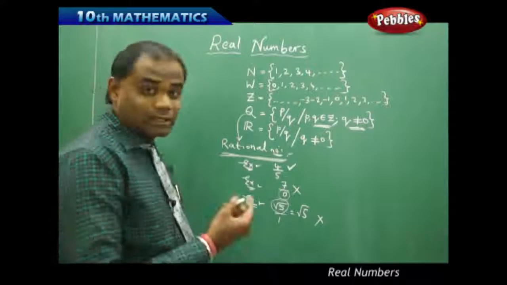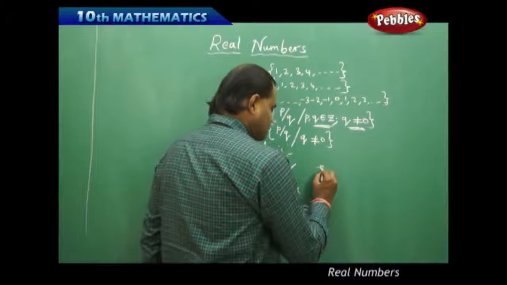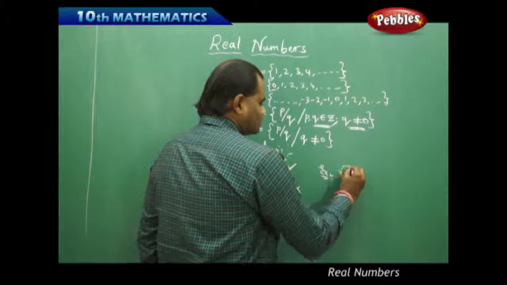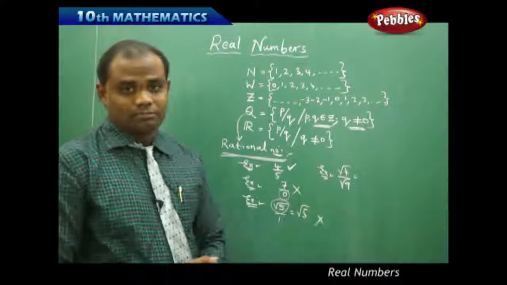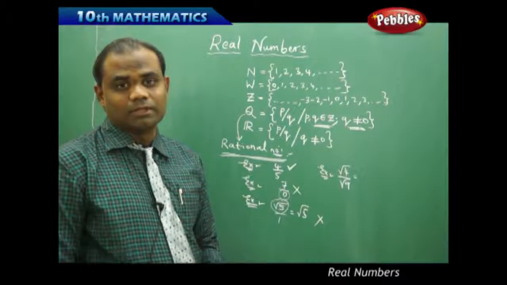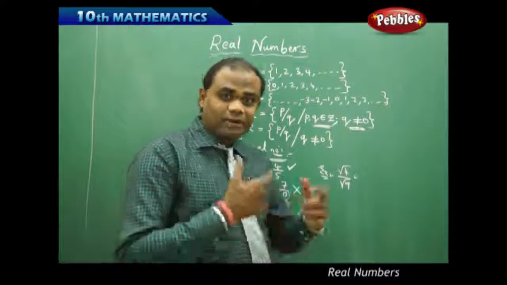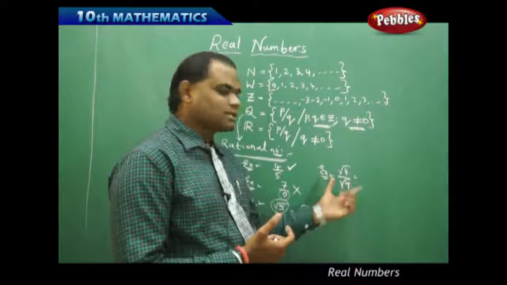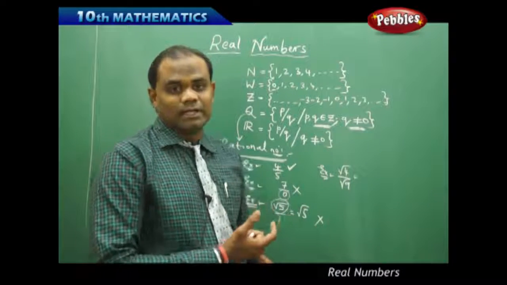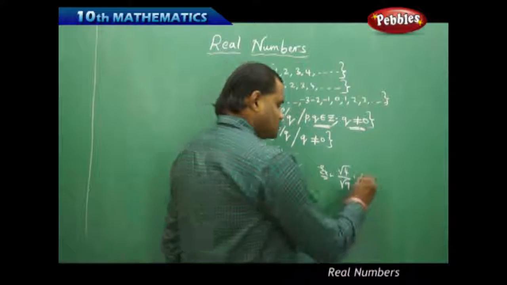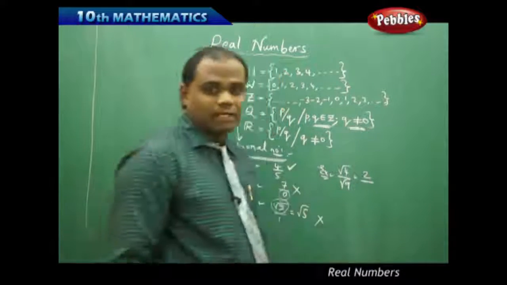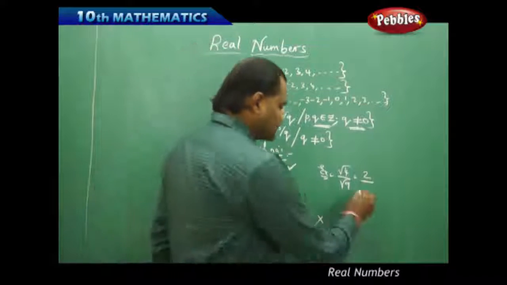Similarly, if I take further examples, say for example, root 4 by root 9. I want to test whether this is a rational or an irrational number. So I simplify further to identify whether this can be simplified more. So we know that the square root of 4 is 2. And we also know that the root of 9 is 3.